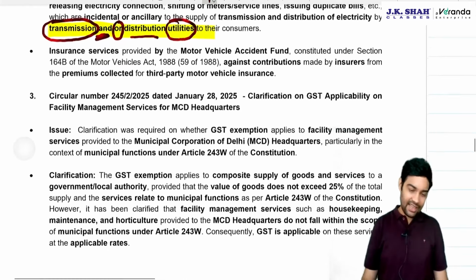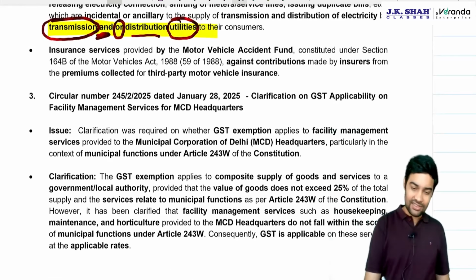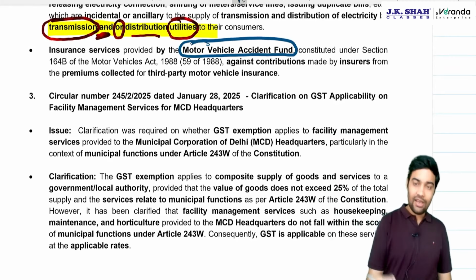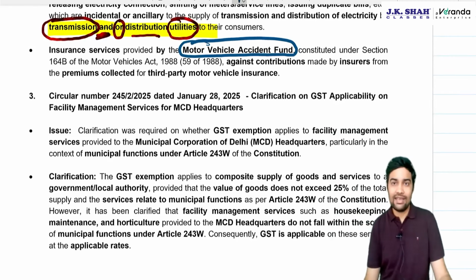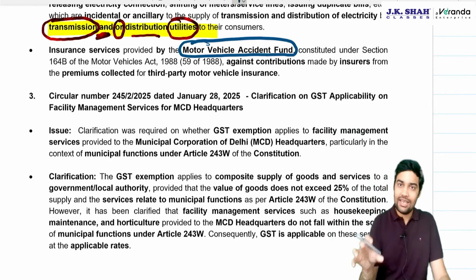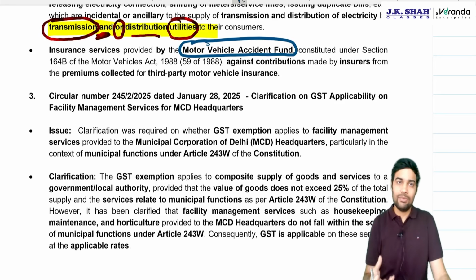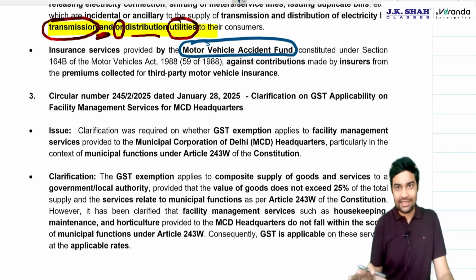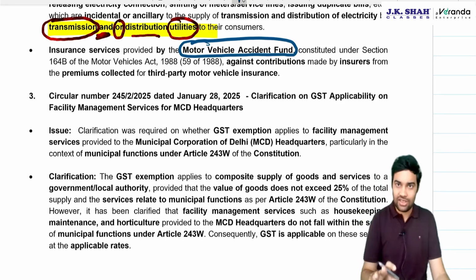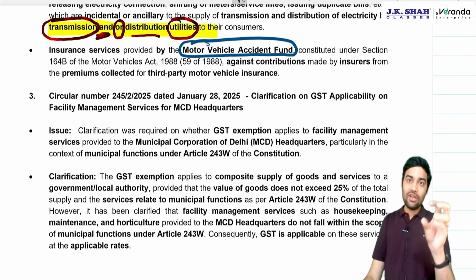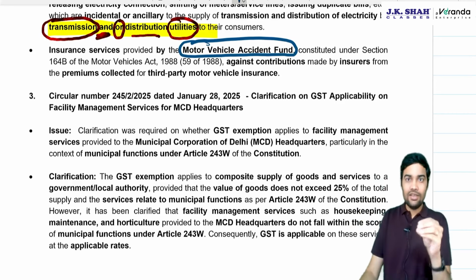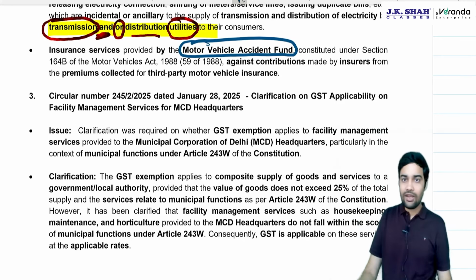Then one entry has been added: insurance services provided by Motor Vehicle Accident Fund. Now, what is this Motor Vehicle Accident Fund? See, this fund is set up under the Motor Vehicles Act. Each insurer, all the insurers, contribute some money to this fund.